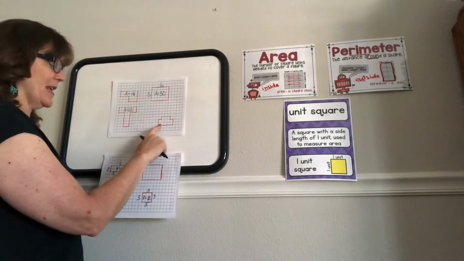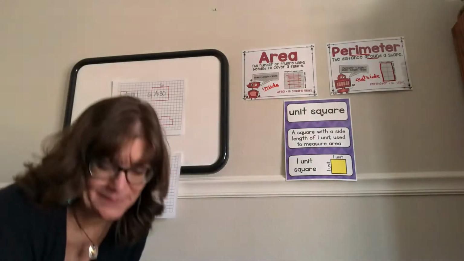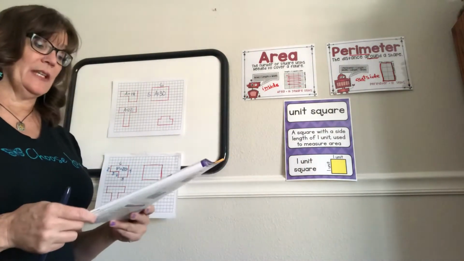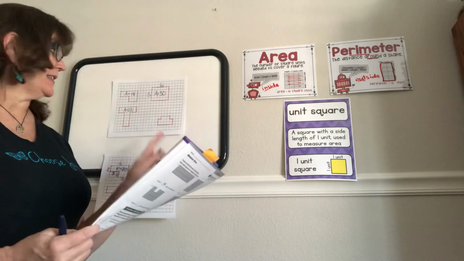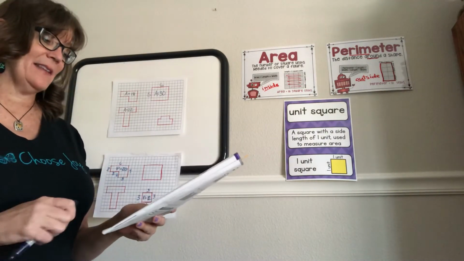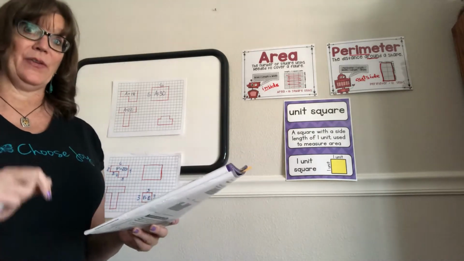Now this figure right here is for a story problem that we are going to do together. How many squares will need to be added to this figure so that it has the same area as a square with a side length of 5 units?